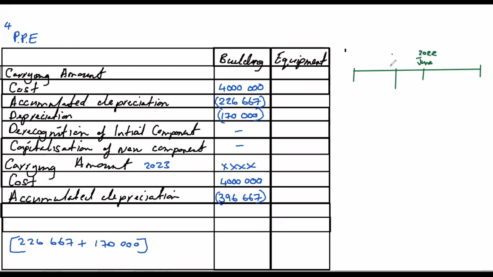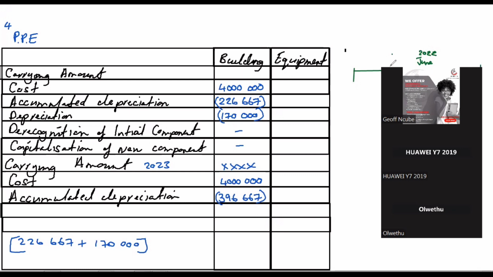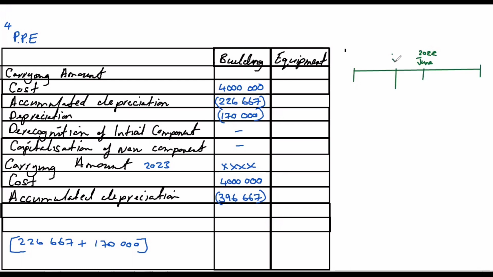But remember, our year end for last year was 30 April 2022. And our current year is 30 April 2023. So this is the current year.